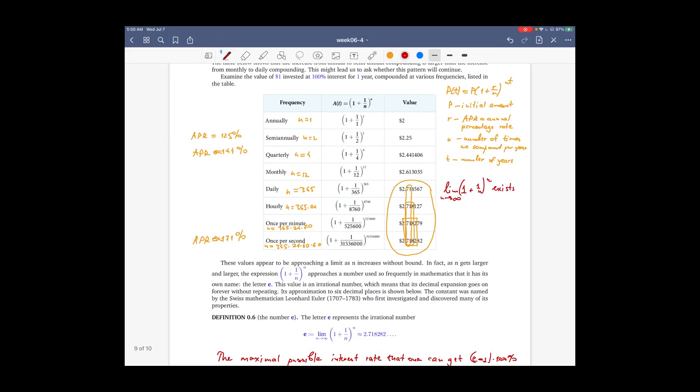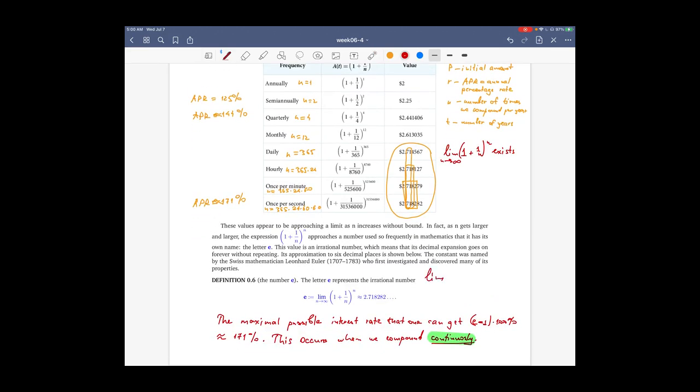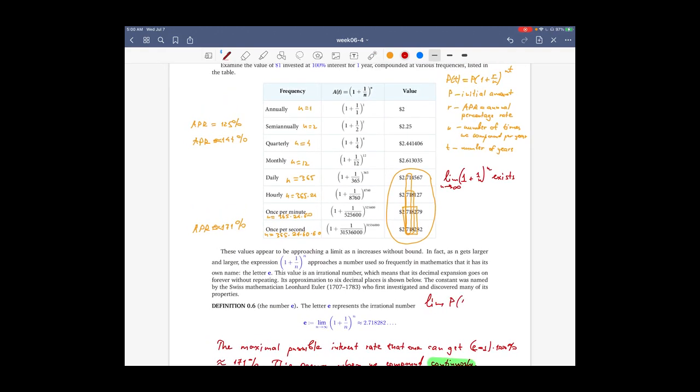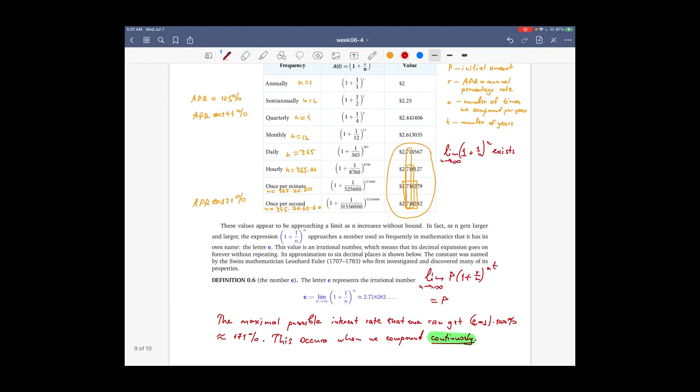And in fact, if we take the limit of that thing, 1 plus r over n to the power nt, as n goes to infinity, we will simply get P times e to the power rt. That is compounding continuously. You can't get more than that. In particular, after 1 year, you will simply get P times e to the power r.